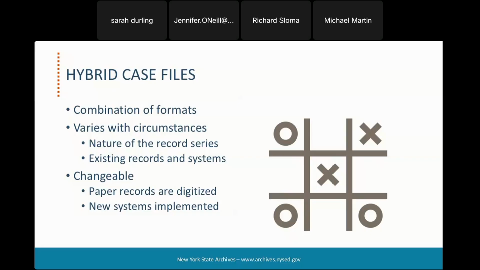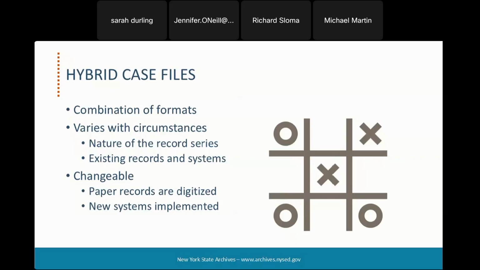And then you may decide going forward that you either scan or create an electronic process for your case files. It also helps to have different types of formats to have built-in redundancy.